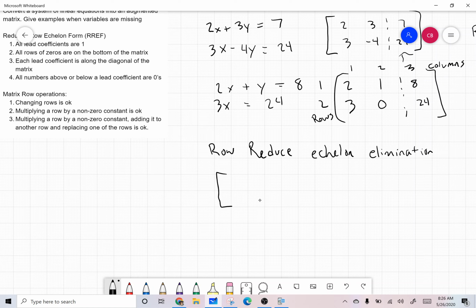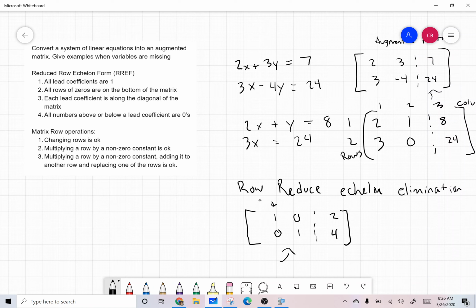So for instance, if we were solving these ones, we would want something that looks like this. Let's say 2 and 4. And we'd consider this to be row-reduced echelon form. Why? The lead coefficient here is 1. Anything below or above it is 0. All rows on the bottom of the matrix are 0 if there are some, and I'll show you what that looks like. Each lead coefficient is along the diagonal of the matrix, and each one is 1, and then all numbers below and above are 0.